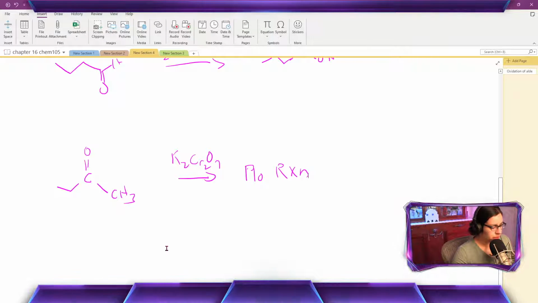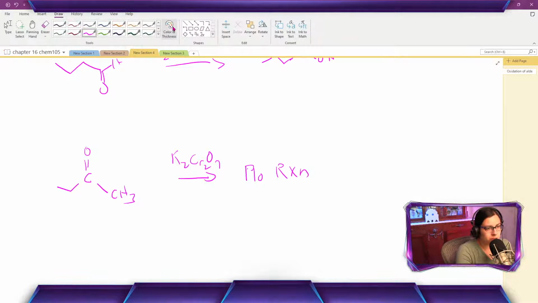And so only aldehydes react with Tollens' reagent. And so this is useful.